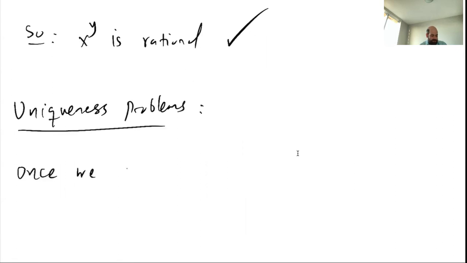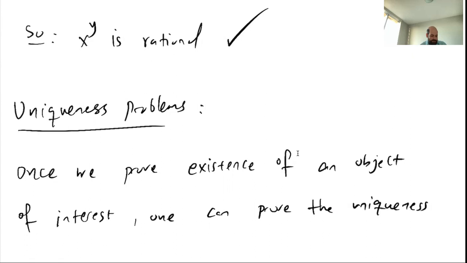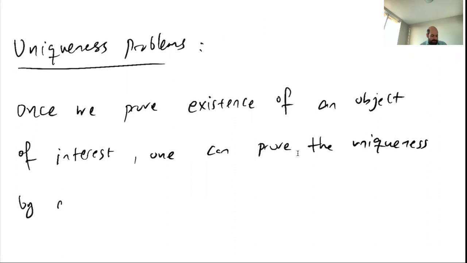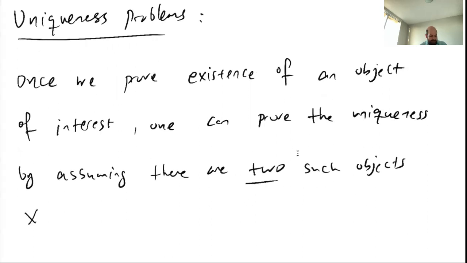Once we prove existence of an object of interest, one can prove the uniqueness by assuming there are two such objects, let's say x1 and x2, and proving x1 equals x2.